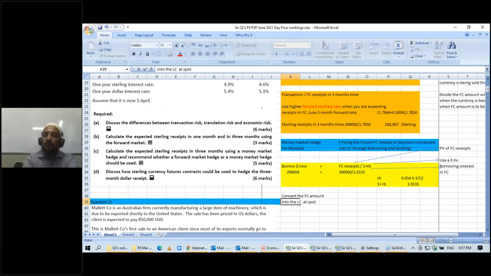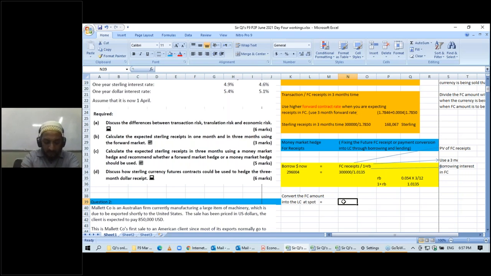Whatever the spot rate in the market, convert at that rate into the local currency. Now remember what rate to use. You have received the money, use the higher rate. You will be using the higher rate here also. As you have received the money in foreign currency, you take it to the money exchanger, and he will be selling you the local currency.